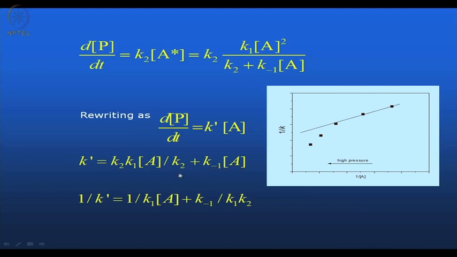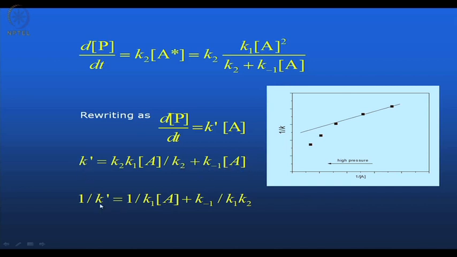So, it is like K2 K1 A divided by K2 plus K minus 1 A. There should be a bracketed quantity here; there is a typo, you should put a bracket so that K2 plus K minus 1 A, these two terms, are within a bracket.